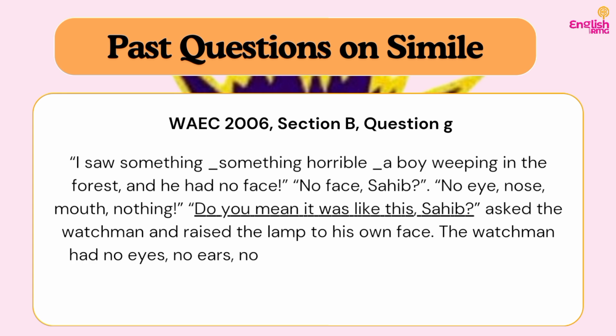Then he continued: no eye, nose, mouth, nothing. Then the other person said, do you mean it was like this, Sahib? Asked the watchman, and raised the lamp to his own face. The watchman had no eyes, no ears, no features at all, not even an eyebrow.